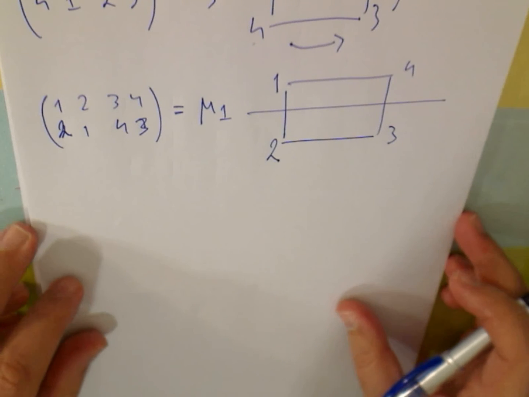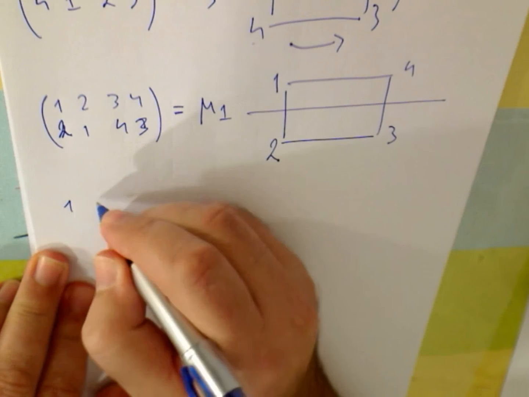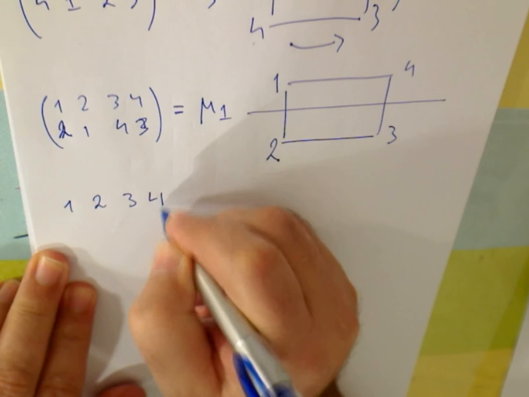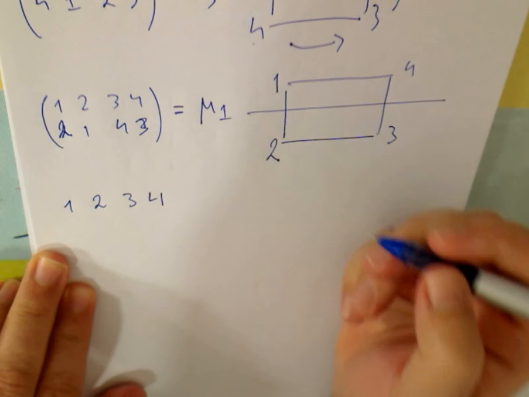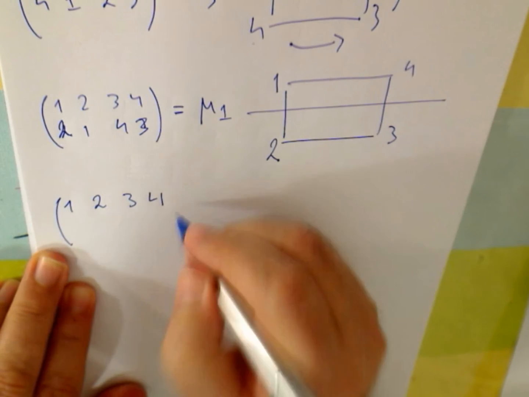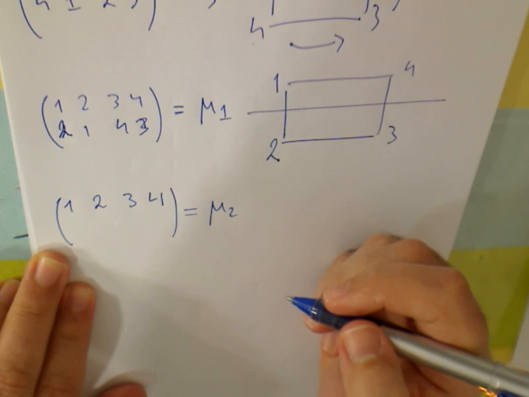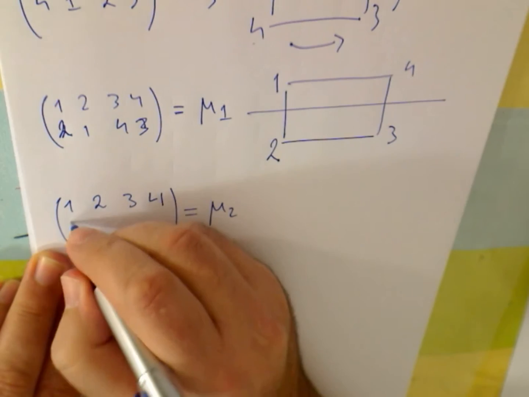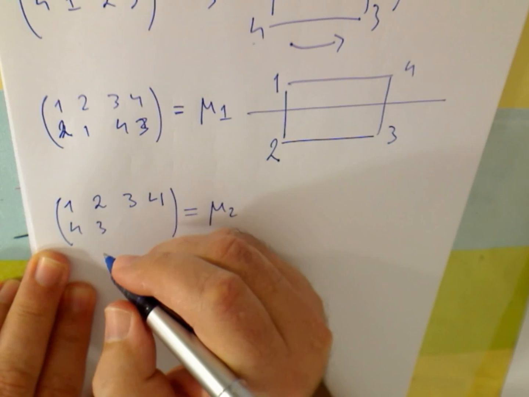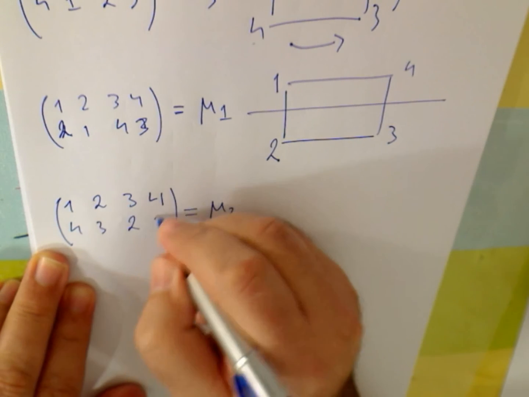1, 2, 3, 4. The second mirror, so mirror 2, will be 4, 3, 2, 1.